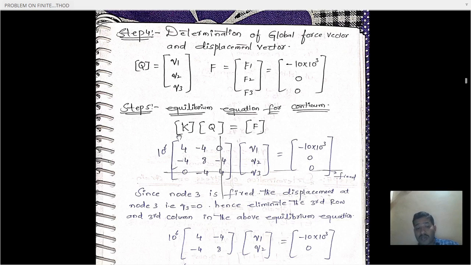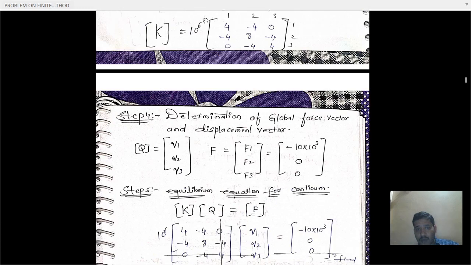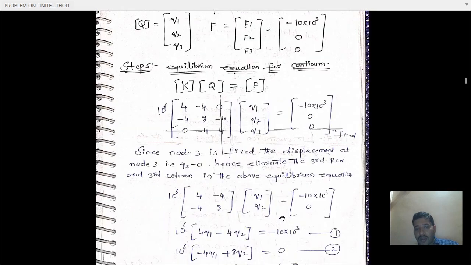The global stiffness matrix is represented as 10 power of 6, [4 minus 4 0; minus 4 8 minus 4; 0 minus 4 4]. Q1 Q2 Q3 equal to F, which is minus 10, 0, 0.